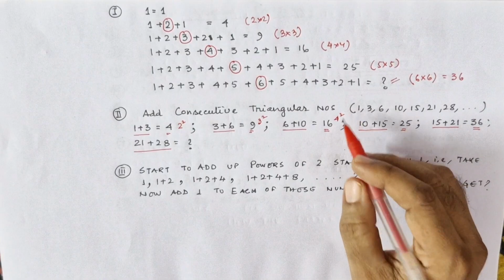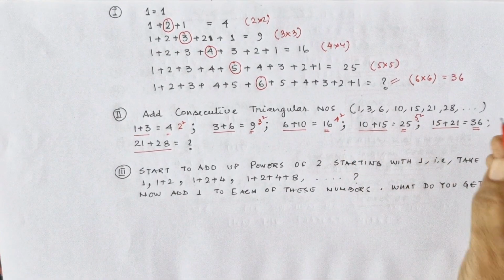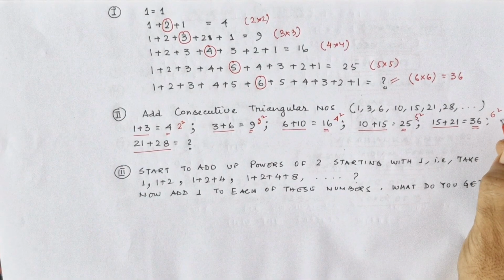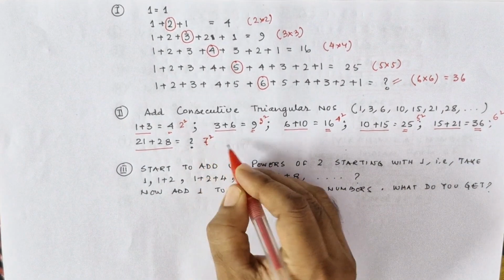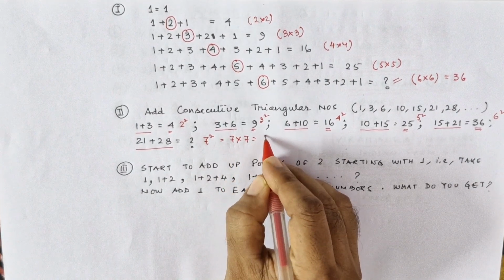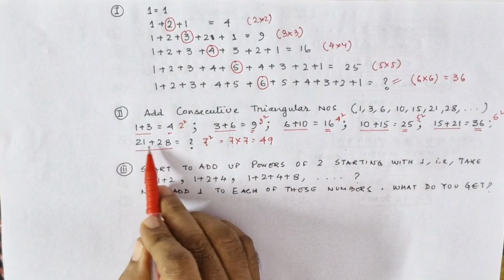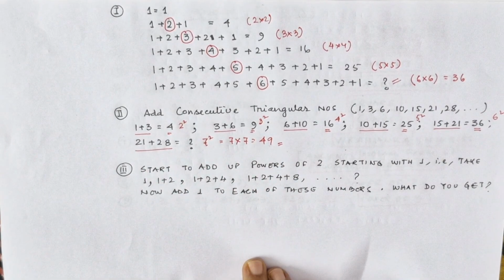Square means 4 into 4. 5 square. Square means 5 into 5. This is 6 square, means 6 into 6. So this will be evidently 7 square, which means 7 into 7, this is 49. So see, it becomes easy, right?